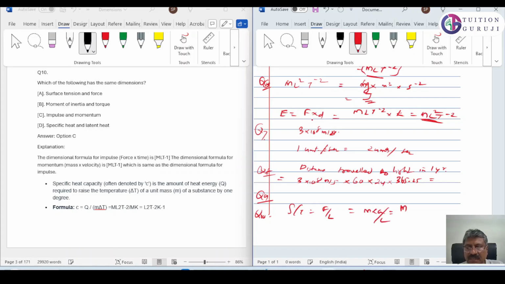Acceleration is distance by time square, L T raised to minus 2. Divided by length, that means M T raised to minus 2. So surface tension is M T raised to minus 2, and force, as we just calculated, is M L T raised to minus 2. So these are not the same. So we omit the first case.